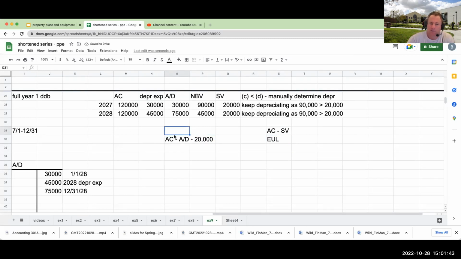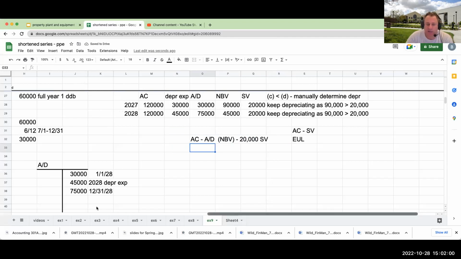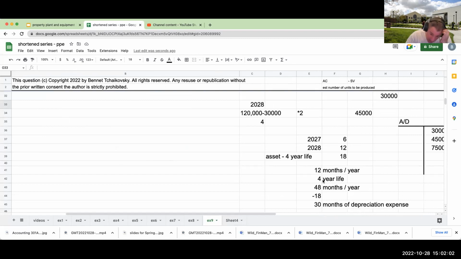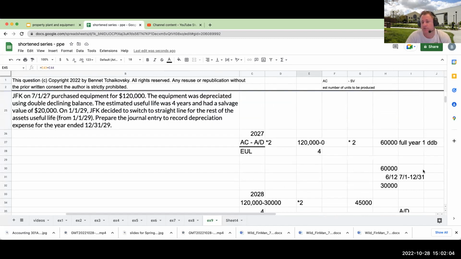So this is going to be the net book value minus the $20,000 salvage value, divided by my remaining estimated useful life, which is 30 months.